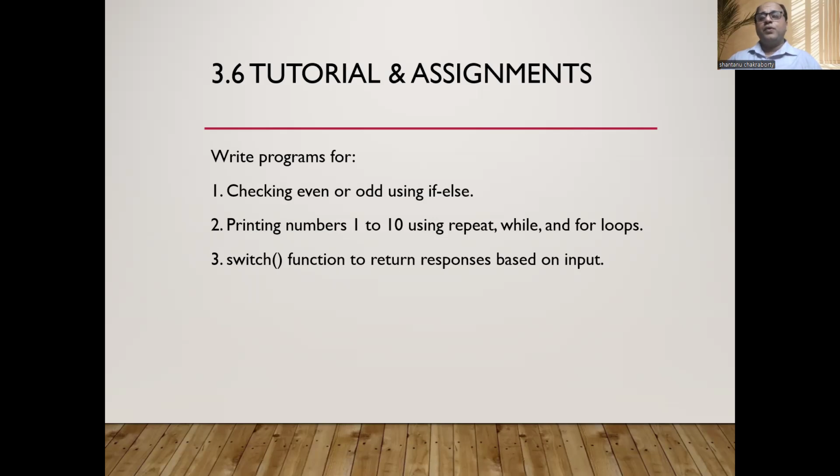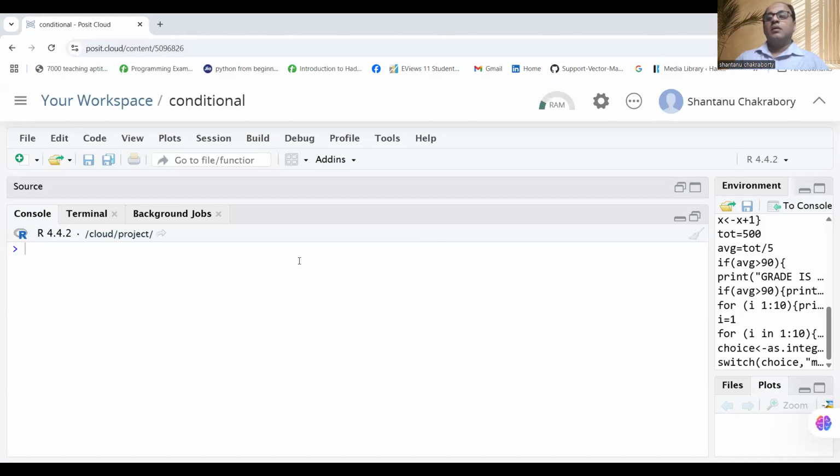These are some of the programs where we do a hands-on in RStudio and check how the if-else statement, the for loop, while loop, or repeat loop is working, and how the switch statement works in the R programming language. So we'll proceed. Let us perform some basic hands-on examples on looping and branching statements in R programming.